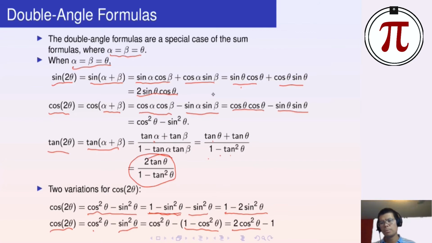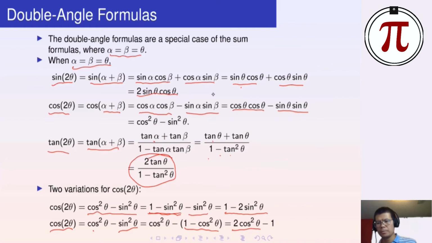So we have these formulas. These are the double angle formulas. Sine 2 theta is 2 sine theta cosine theta. Cosine 2 theta has 3 different variations: cosine squared theta minus sine squared theta, or 1 minus 2 sine squared theta, or 2 cosine squared theta minus 1.